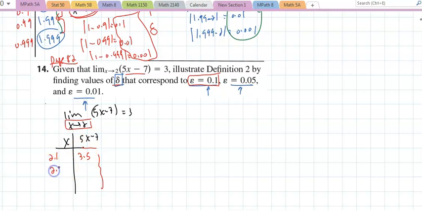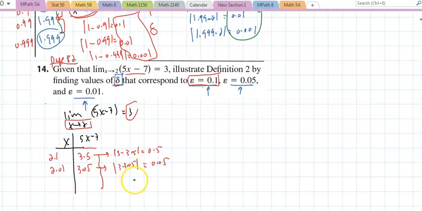I'll plug in 2.01. So here, if I took 3 minus 3.5, I'm off by 0.5. That's big. If I put 2.01, I'll get 3.05 from my calculator. If I take the difference between the 3 and the 3.05, do you see that's 0.05?